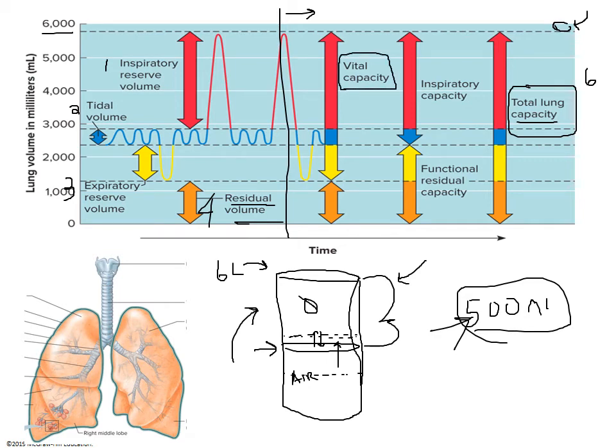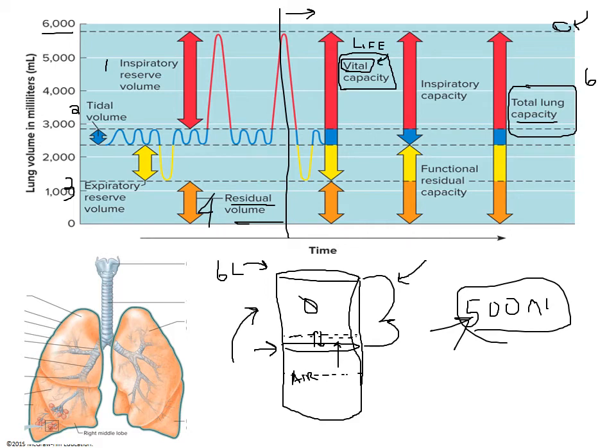We get to another capacity that's called vital capacity. This one, hopefully you'll be able to understand when you figure out that this word vital means life. Vital means life. So if you are taking someone's vital signs, you are taking their signs of life.